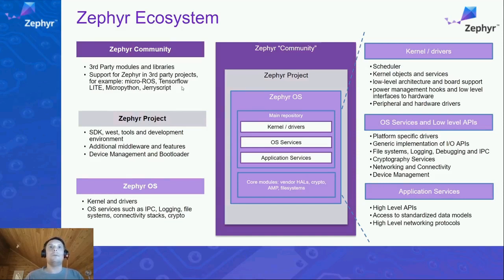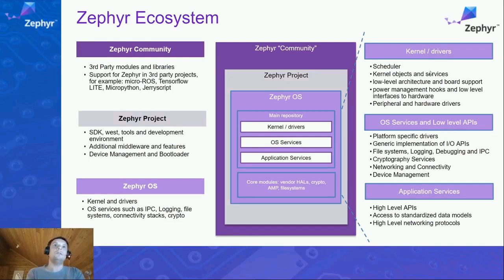From a very top-level point of view, we can separate three different layers of it. There's the low-level kernel and drivers, which essentially means the scheduler, the kernel synchronization objects and primitives, the kernel services, and all sorts of functionality that the kernel provides. There's also the low-level architecture and board support. They're actually different.